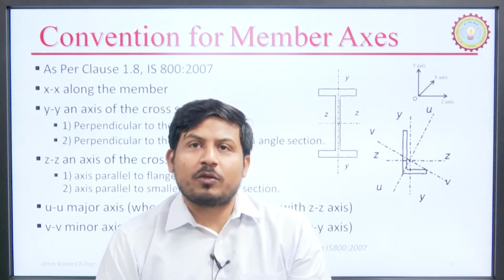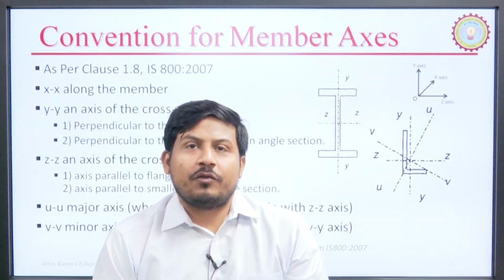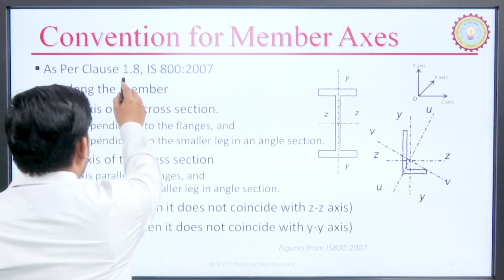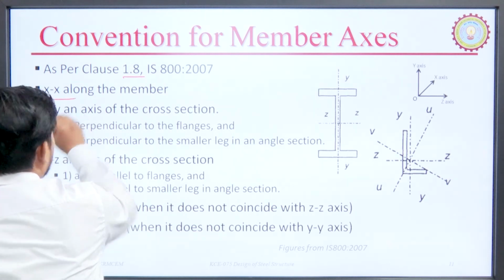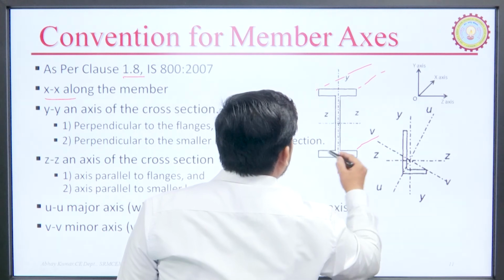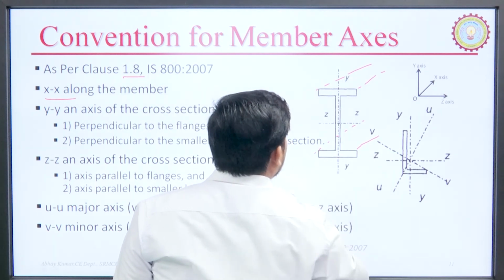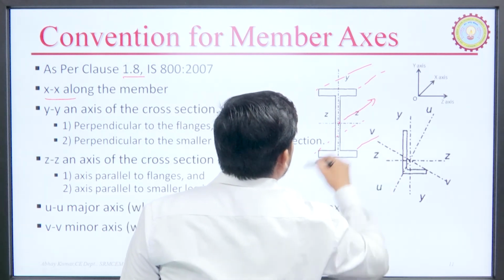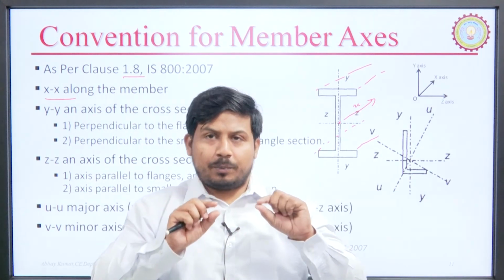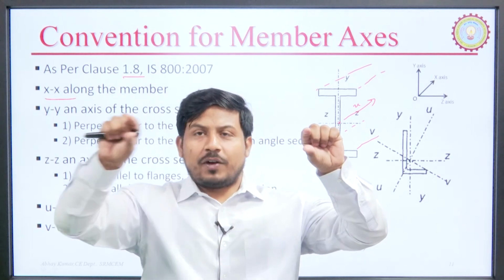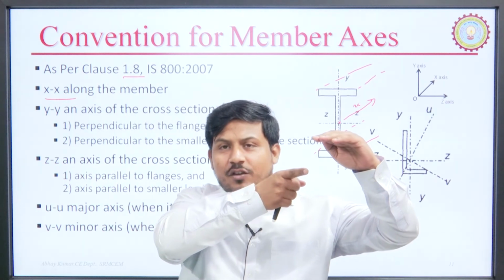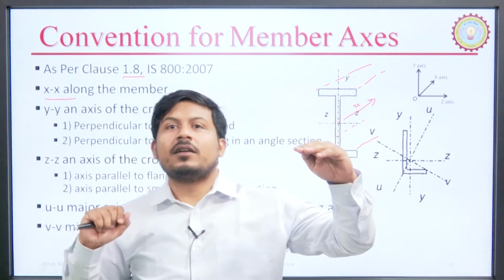Now, let us talk about the conventions for the member axes which are suggested by the IS code. As per clause number 1.8, the XX axis is the axis along the length of the section. For example, there is a beam, please visualize with me, this is a flange, this is the web and this is again a flange. So, the x axis will be along the length of the section.